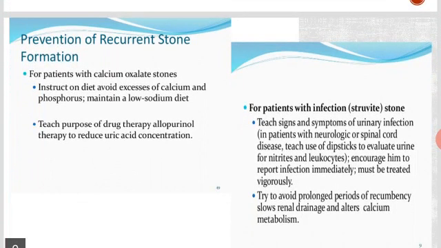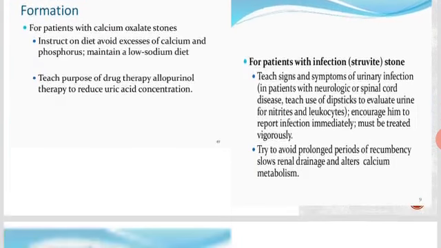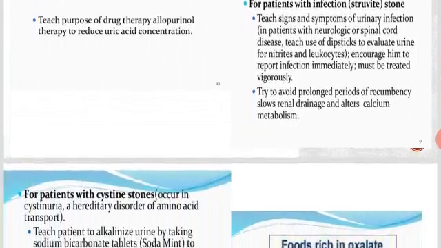Teach the use of dipstick to evaluate urine for nitrites and leukocytes. Encourage him or her to report infection immediately because struvite is due to bacterial infection. Try to avoid prolonged periods of recumbency, which slows renal drainage and alters calcium metabolism.